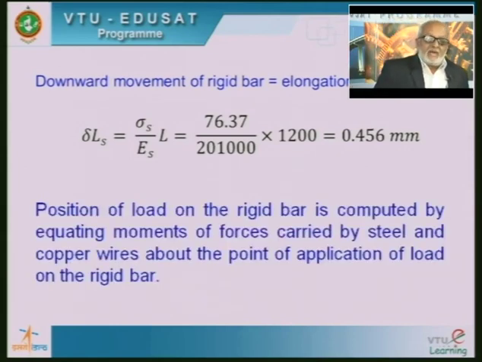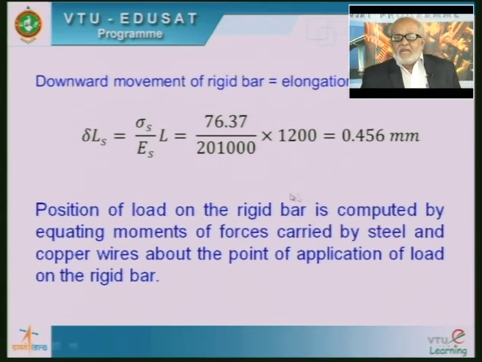The last point that we have to find out is the position of the load on the rigid bar. The position of the load on the rigid bar is computed by equating moments of forces carried by steel and copper wires about the point of application of load on the rigid bar. This is the condition that we are going to use. Because the rigid bar has not rotated, now we are having load carried by the steel wire, load carried by the copper wire.